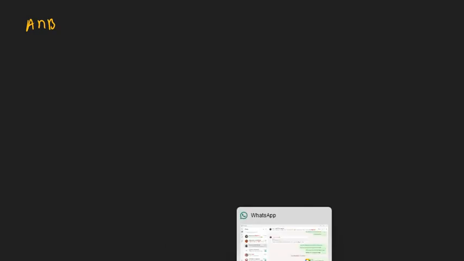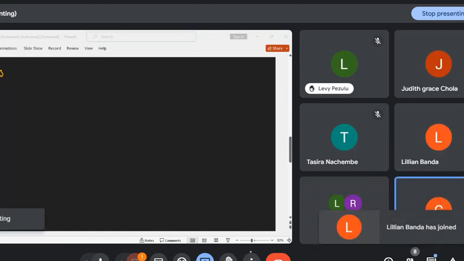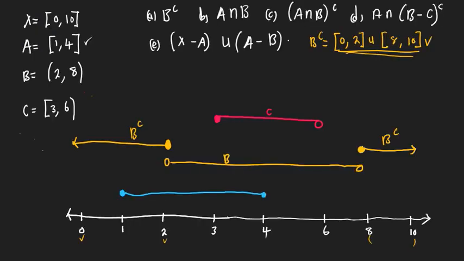And then the second one is A intersection B. A intersection B is this set.